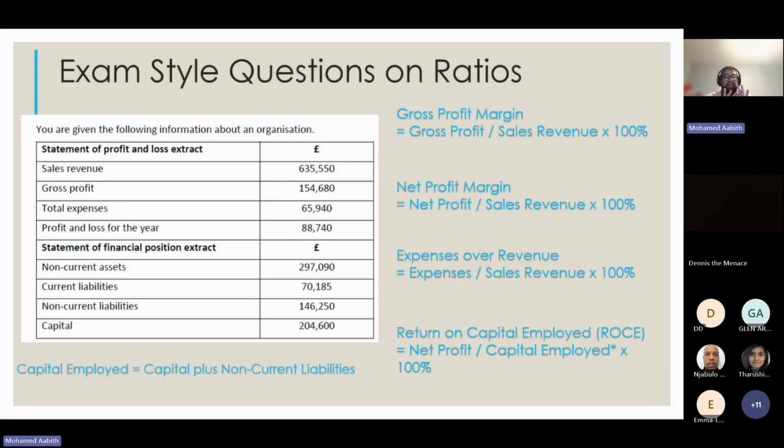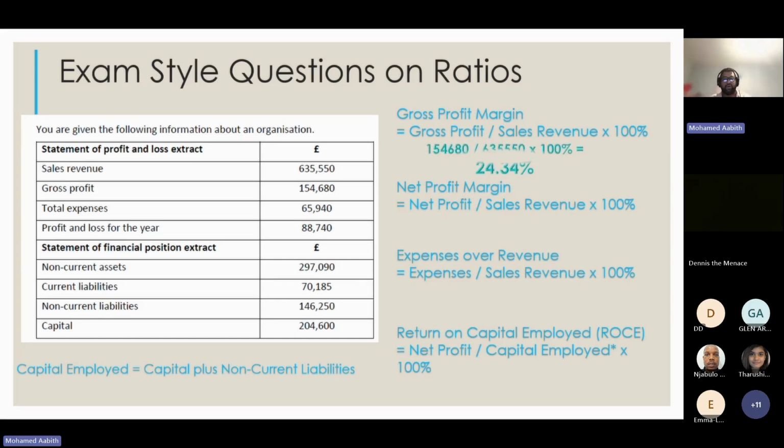Those count against your business as non-current liabilities. They will be called further capital employed, and the return on that is net profit divided by capital employed. It gives you an idea how many years it will take you to get your money back. Whatever money you invested, how long it takes to get your money back.